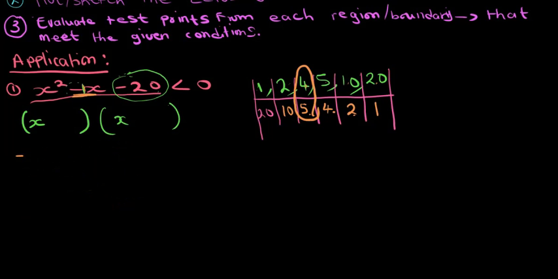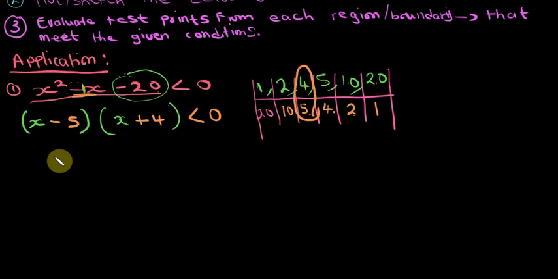So our factors are x minus 5 and x plus 4. If we expand the brackets, you'll find that this takes us back to what we are given.